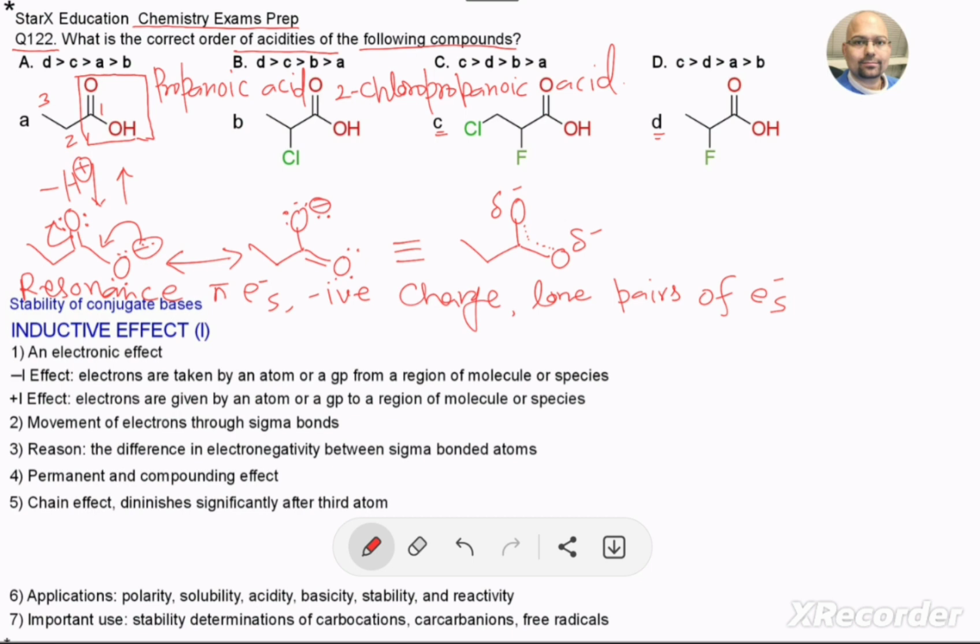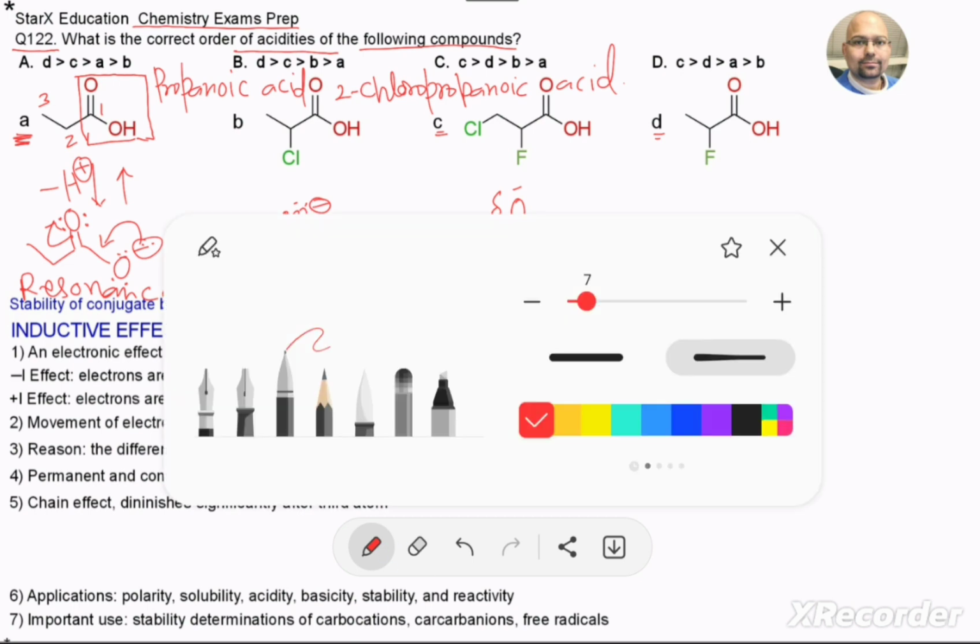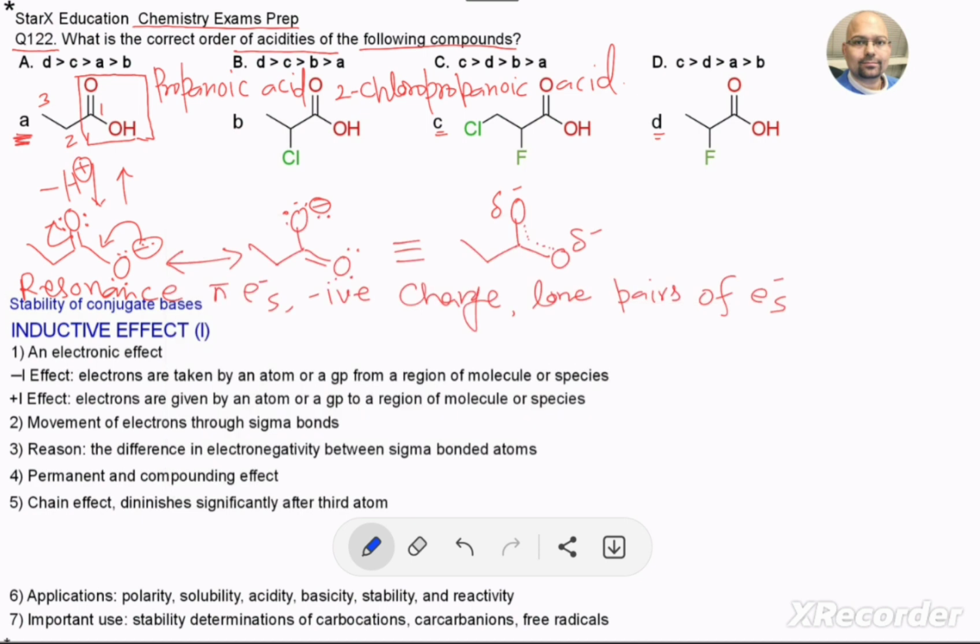We have drawn the conjugate base of species A. Now let's draw for species B. So this is the conjugate base of species B. Then if we draw the conjugate base for C, that would become this, and for D, the conjugate base would be this.